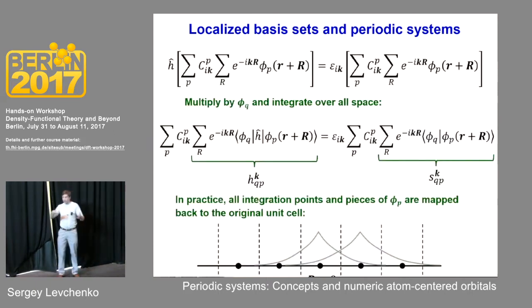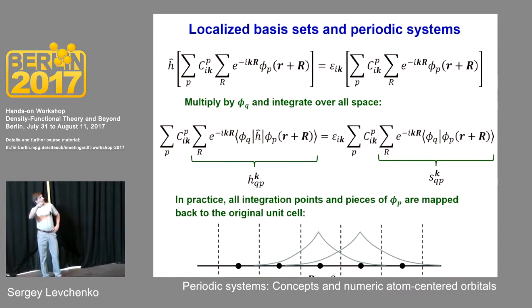Now, if we substitute this expression for the wave function into the Schrödinger equation, we obtain again the eigenvalue problem. In these matrices, the only difference is that we have this lattice sum here. But because these functions are localized, this sum truncates very rapidly. So there is no problem. And we have this eigenvalue problem for each k point.